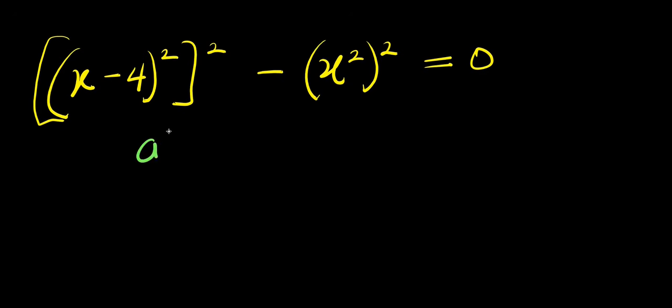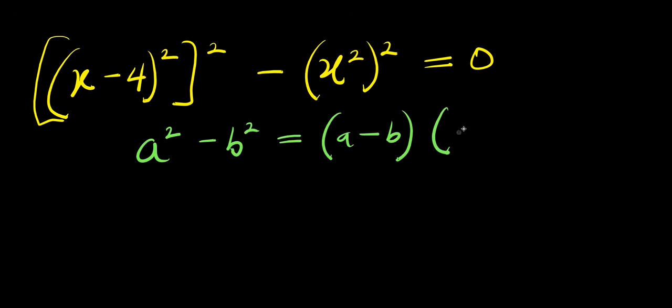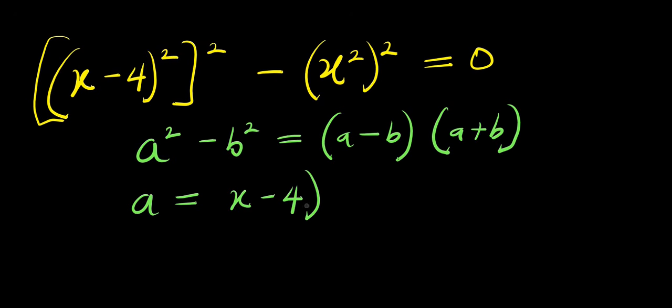So if you have a^2 minus b^2, this equals (a - b) times (a + b). And a equals (x - 4)^2, while b equals x^2. So we apply that here and here.